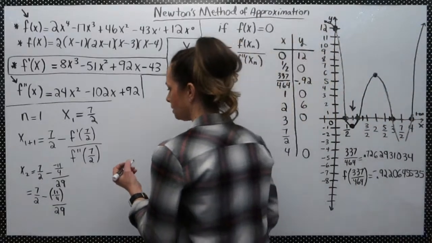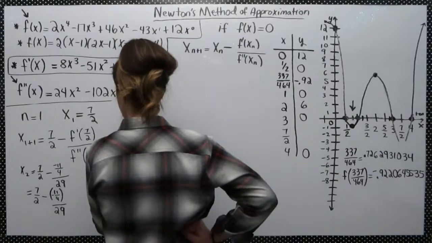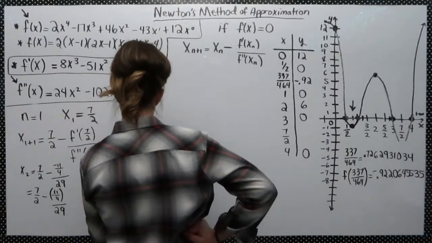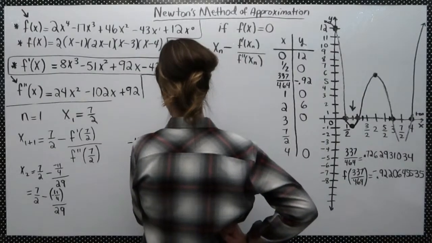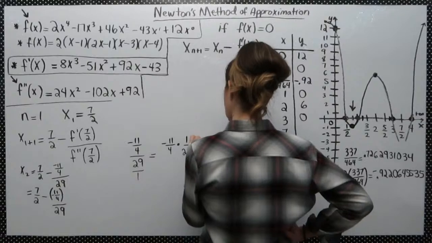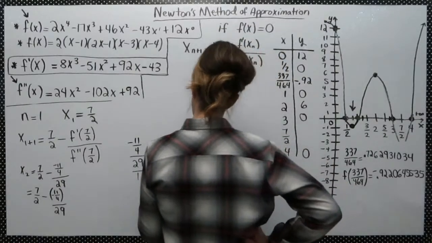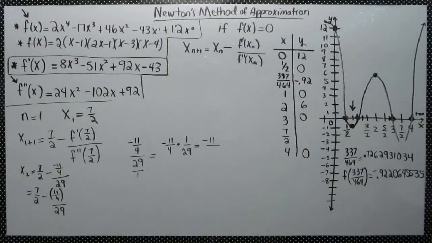All right. So let's see, negative 11 fourths divided by 29 over 1 equals negative 11 fourths times 1 over 29. So that's going to be negative 11 over 29 times 4. So 116.